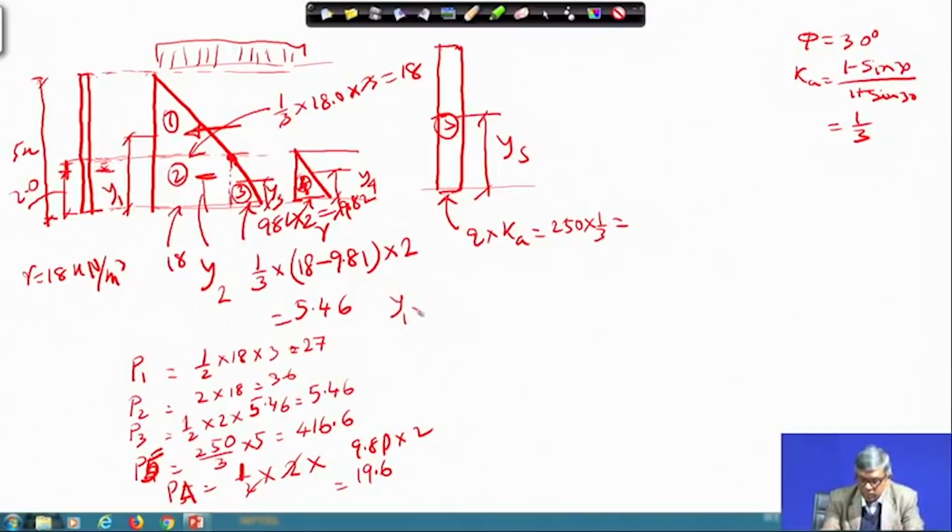So, y1 will be equal to 2 plus 1 by 3 multiplied by 3, so ultimately it will be 3.